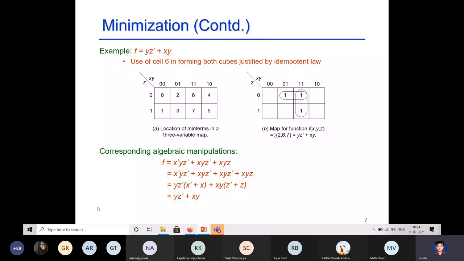You can equivalently have a product of sums form. The product of sums form would actually be the opposite. So the equivalent product form would be 0 and 1 and 3 and 4 and 5.